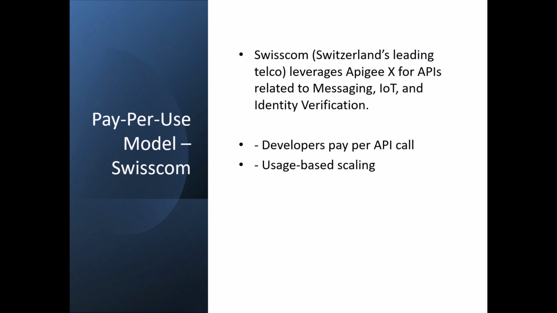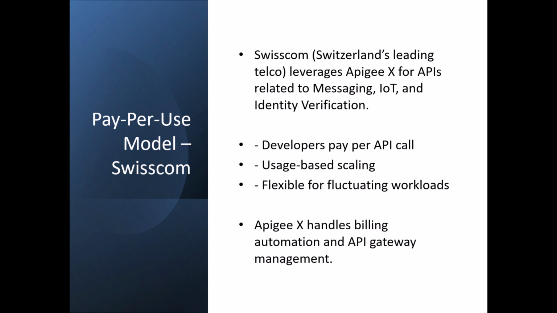So this pay-as-you-go model allows customers to scale up or down based on the demand, paying only for what they use. And it is flexible for fluctuating workloads. And Apigee X handles billing, automation, and API gateway management.